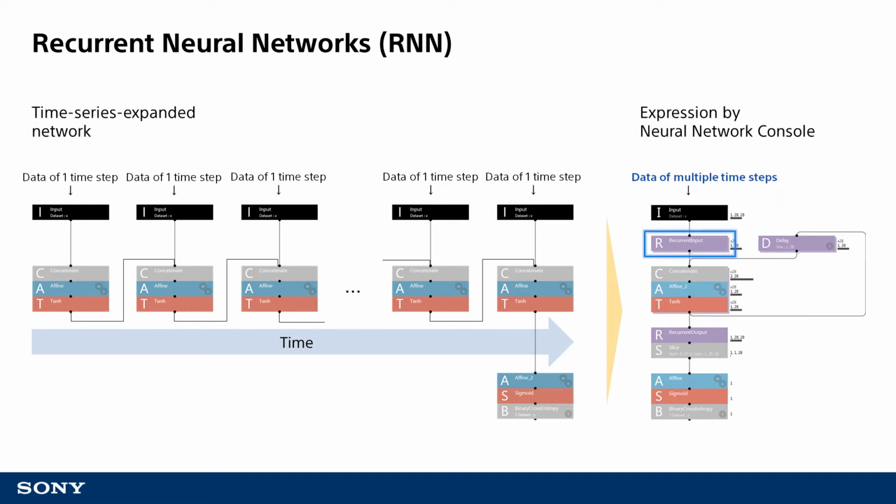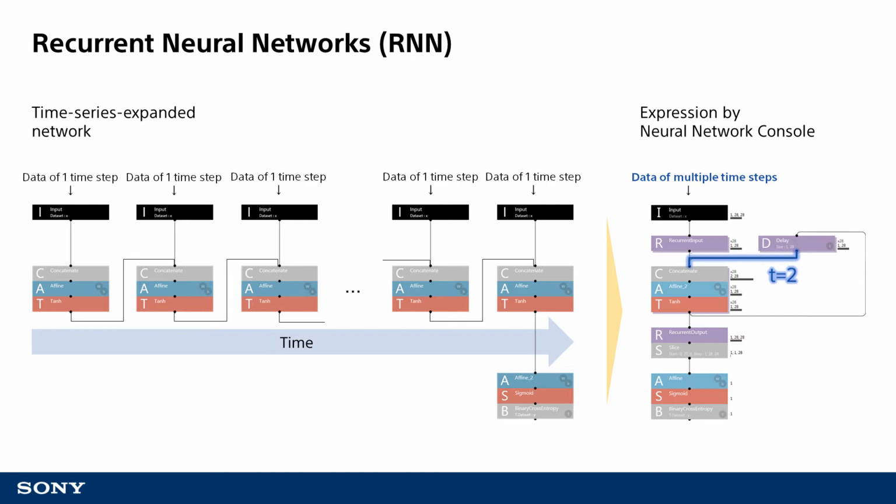In this way, the input data of multiple time steps will be cut out one by one by recurrent input and output to the network at a later stage. For each time step data output from recurrent input, the processing from recurrent input to the subsequent recurrent output is performed every time step in common. Also, through this delay, the output of the past time step will be carried over to the next time step.